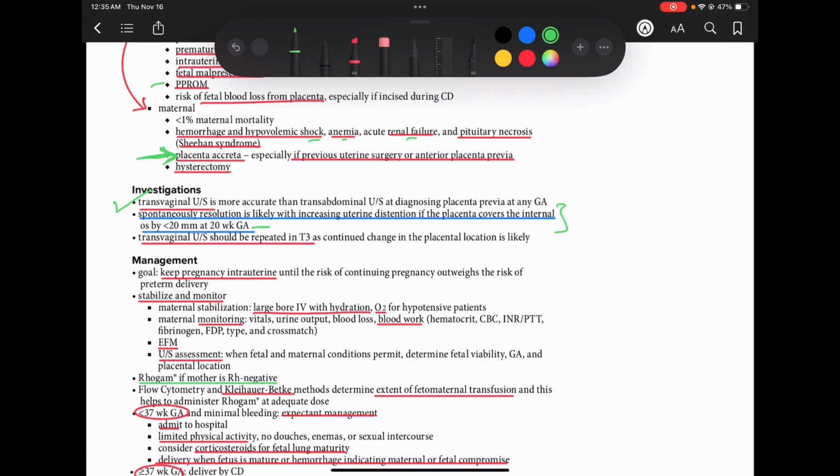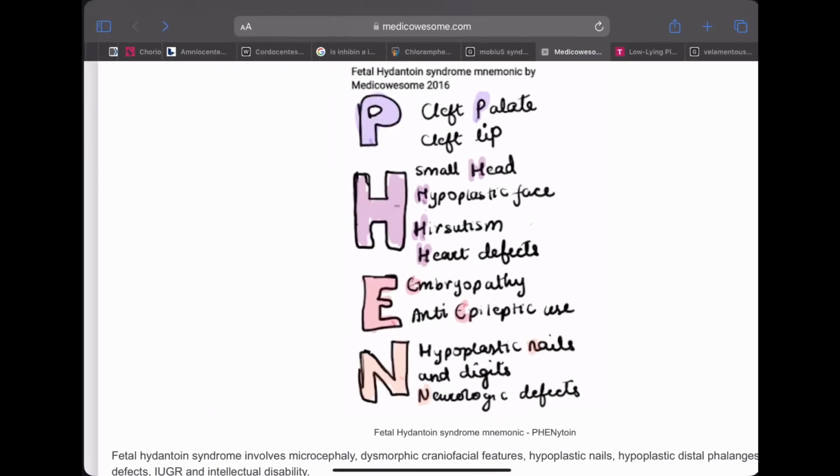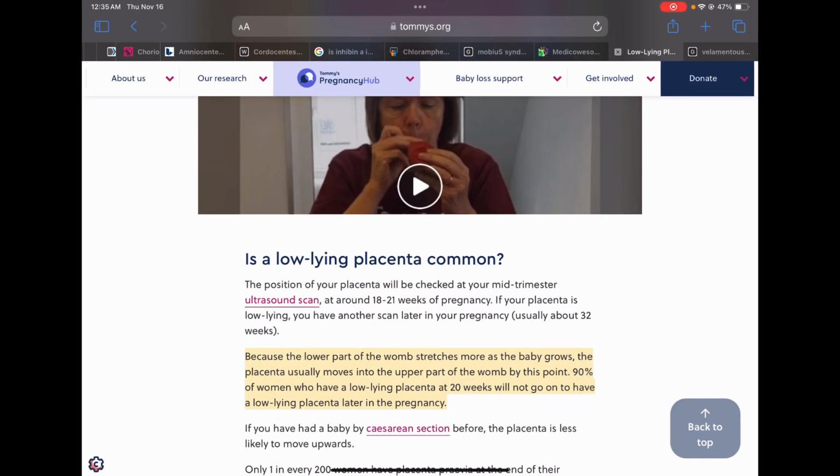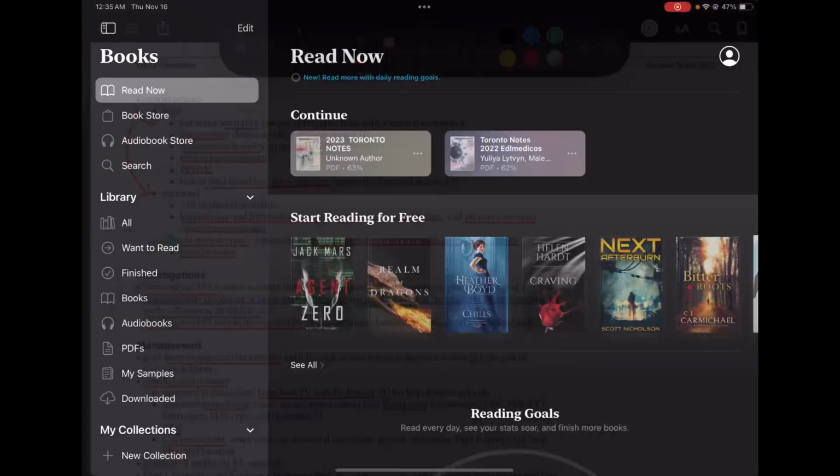Why? Because when the uterus is growing, the lower part of the womb stretches more as the baby grows, and the placenta usually moves to the upper part of the womb by this point. 90% of the women who have a low-lying placenta at 20 weeks will not go on to have a low-lying placenta later in pregnancy, which is the third trimester.